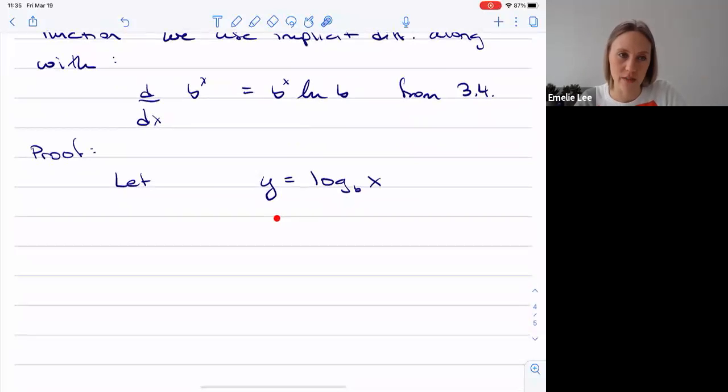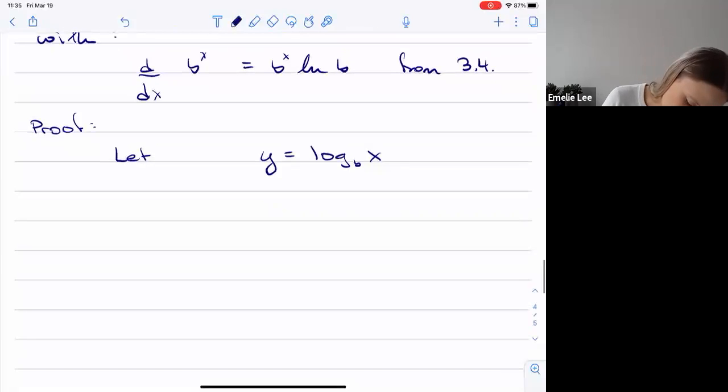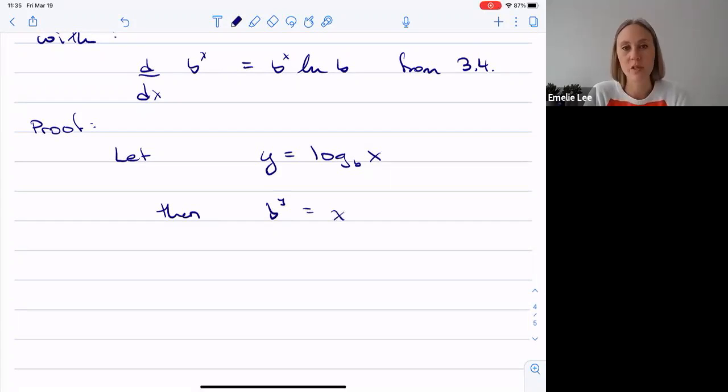By definition, then, we can say that b to the power of y equals x. And that's just by log laws. So now notice that I have a y baked in here, right? And so this is an implicit function.